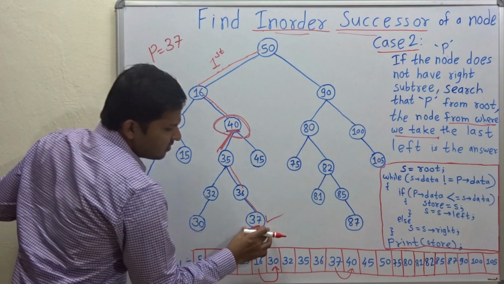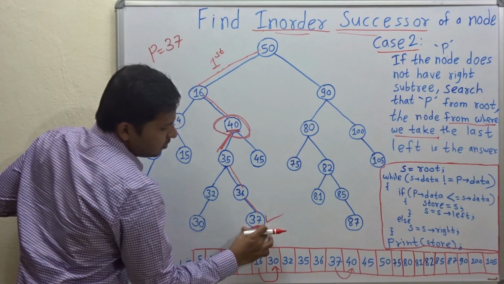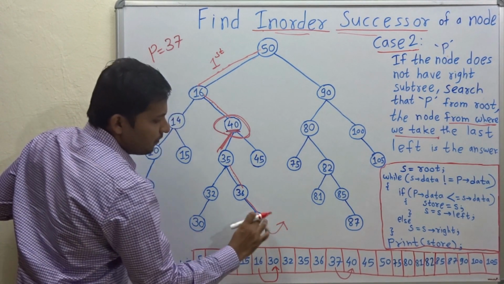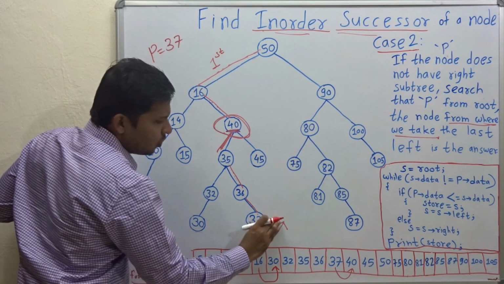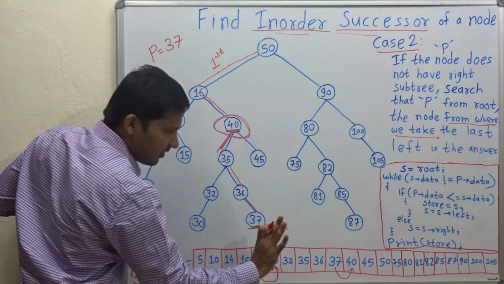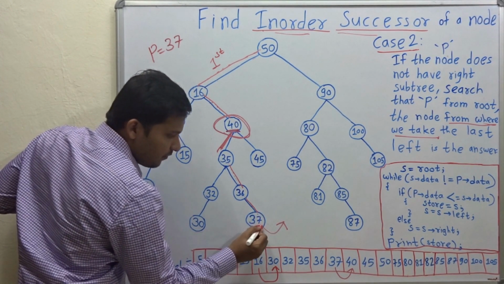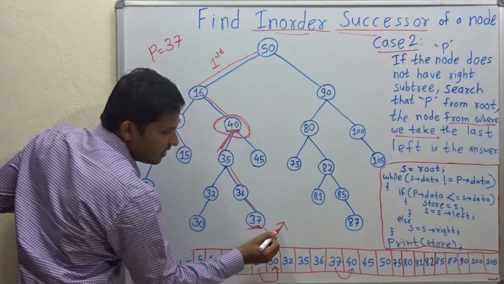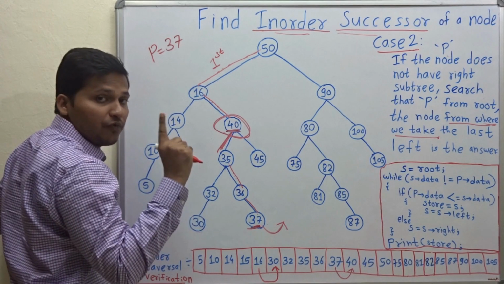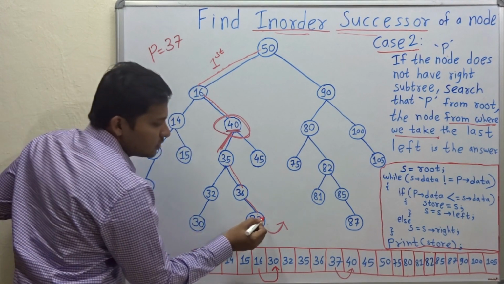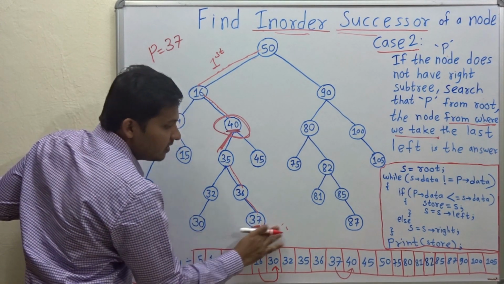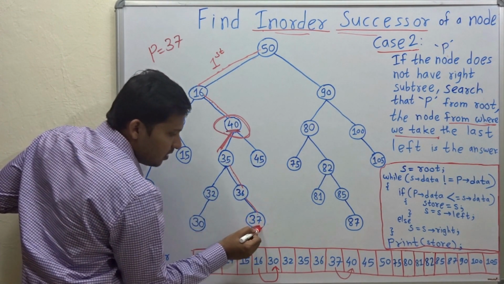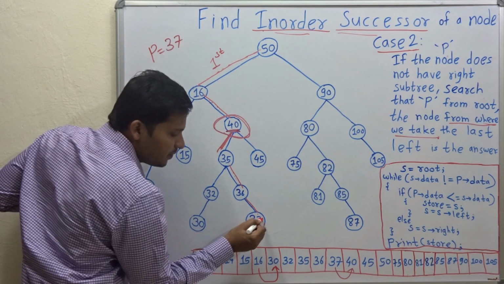So for 37, the node immediately next to 37 will be the first node in the ancestors which is greater than 37. We have to find out the first node. So let's take it in reverse.